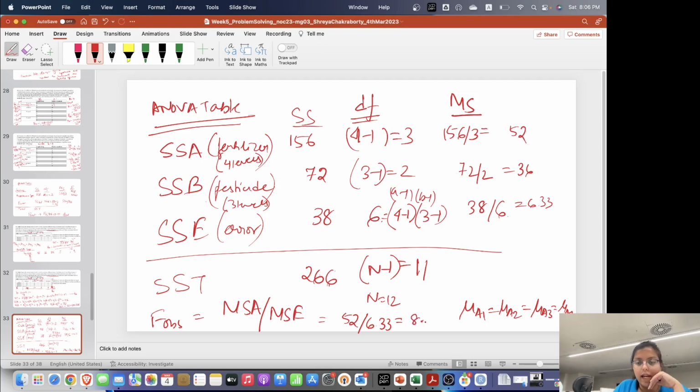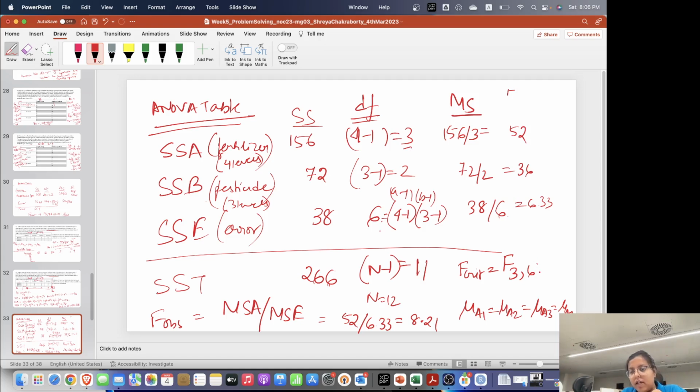8.1. This will be 8.21. And my F critical for this hypothesis will have degrees of freedom F3, 6. 3 for this one, SSA, and error DF is 6.